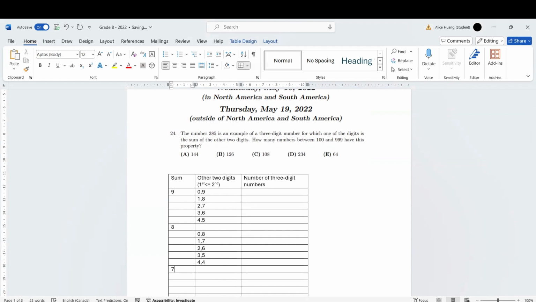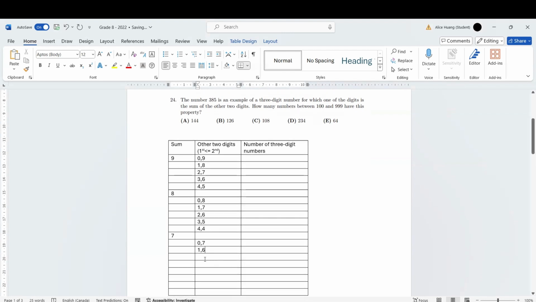Then we move on to the sum of 7, because it has one combination of 0 and 7, and then 1 and 6, 2 and 5, 3 and 4, then no more.